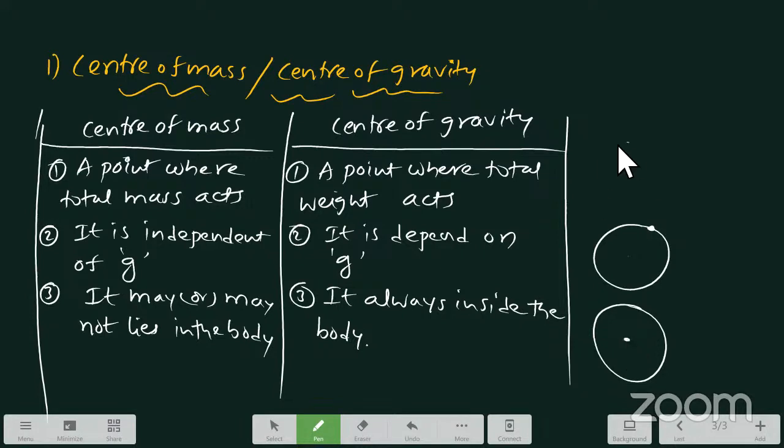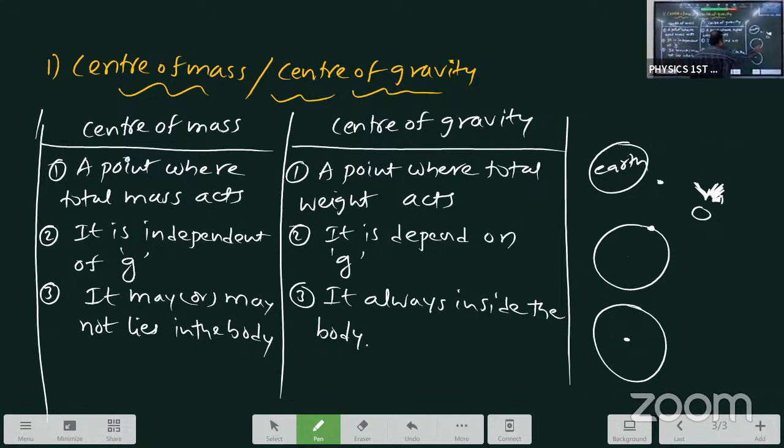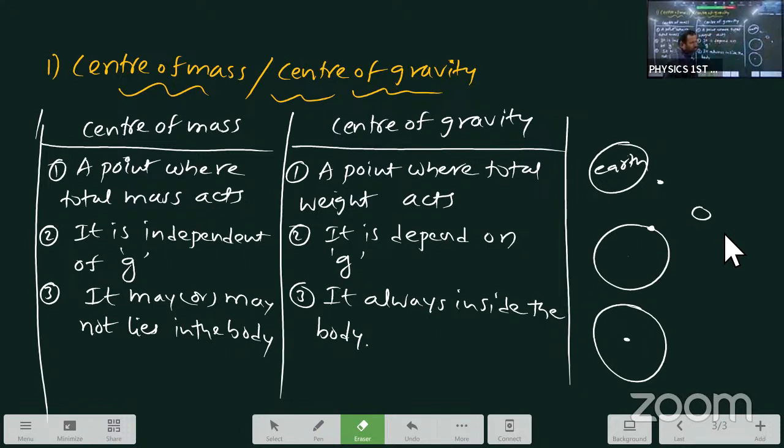Example, take this is earth, this is moon. In the earth and moon system, where is the center of mass? In a two body system, the center of mass is near to the huge body.